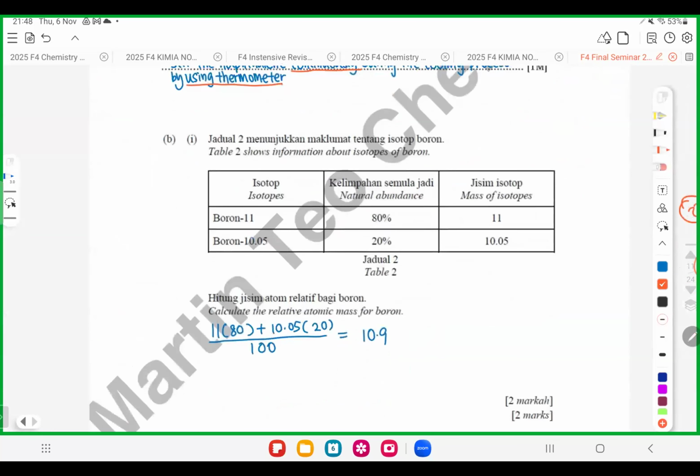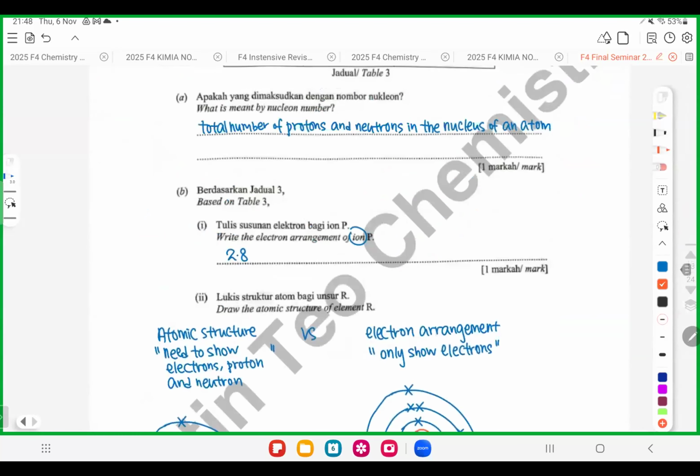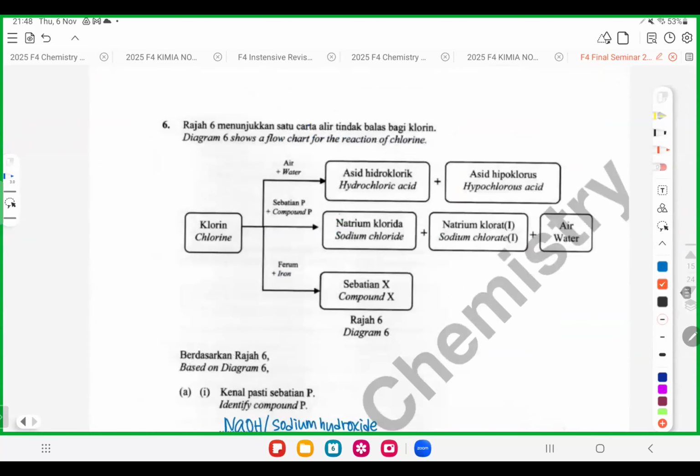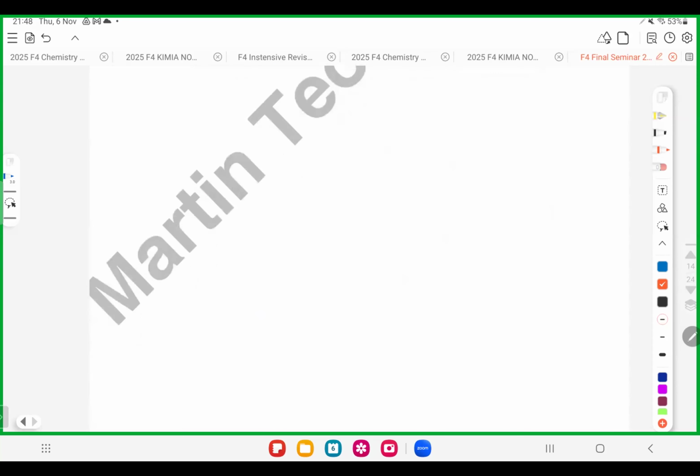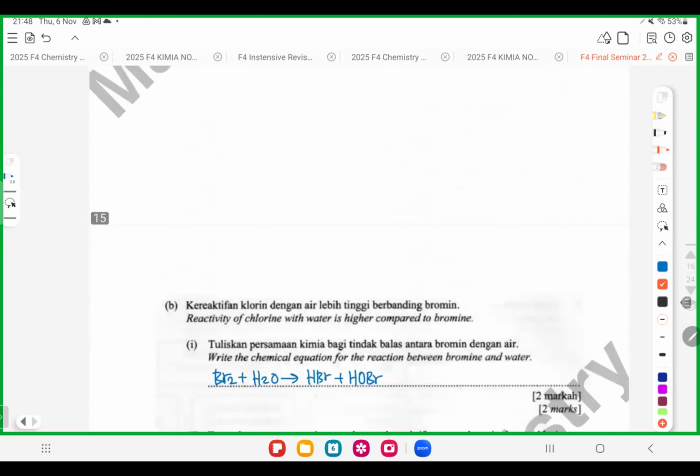Okay. So today we might not be able to discuss every single question in this booklet, but I just want to give you some rough idea, the importance of doing exercise and why you might lose your mark if you didn't do that. All right.